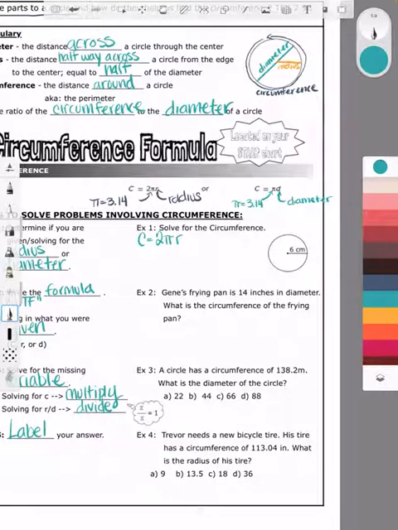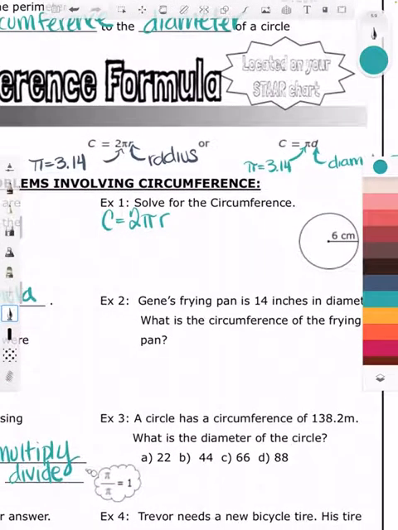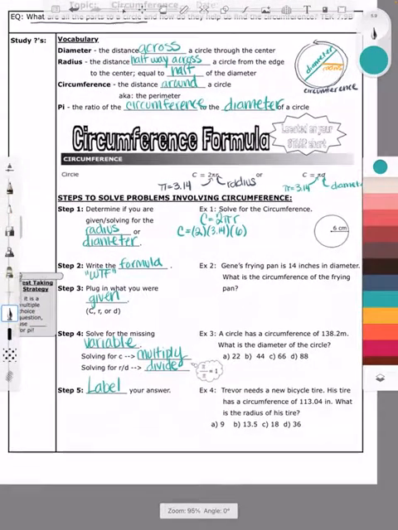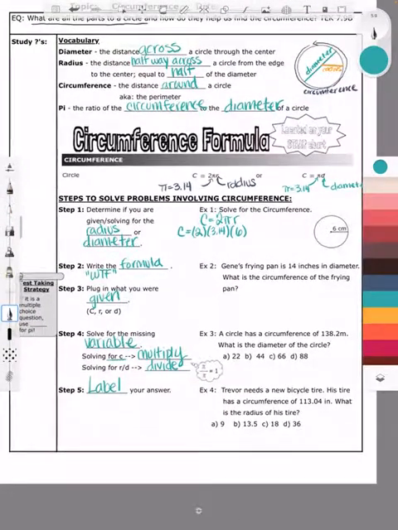Now what we're going to do is plug in what we know. The radius is 6, so in place of r, I'm going to put down a 6. I know that pi is estimated to 3.14, so I'm going to put down 3.14. And then I'm also going to include my 2. Remember, as our notes said, if you're looking for C, you're going to multiply.